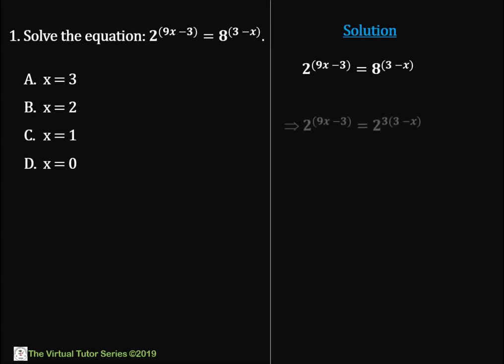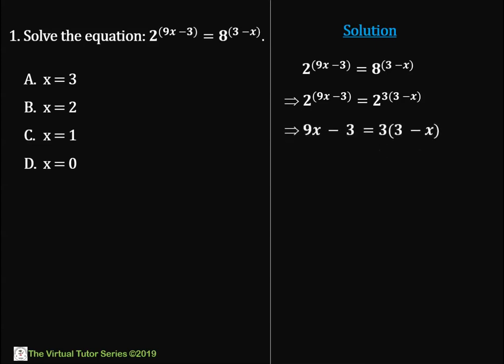So we have 2^(9x - 3) equal to 2^(3(3 - x)). Since the bases are the same, the only way the two expressions could be equal is for the exponents also to be the same. Therefore, we equate the exponents.